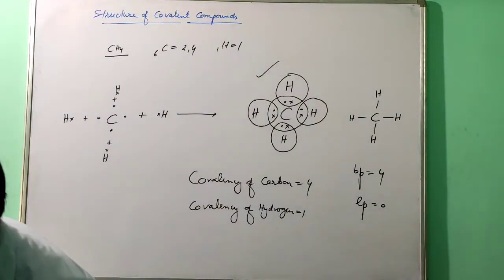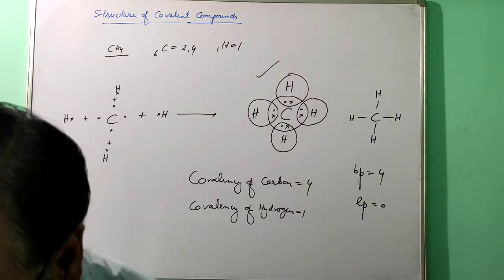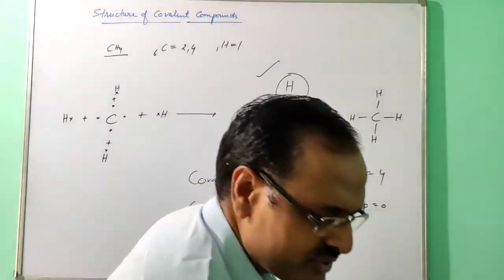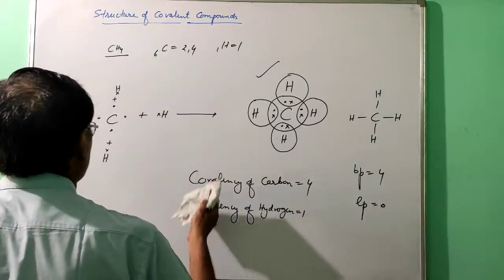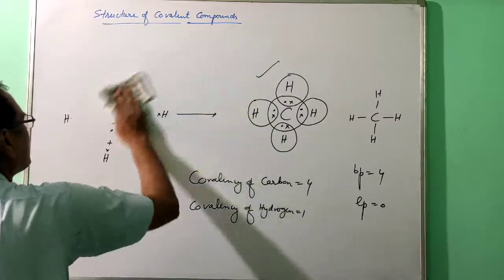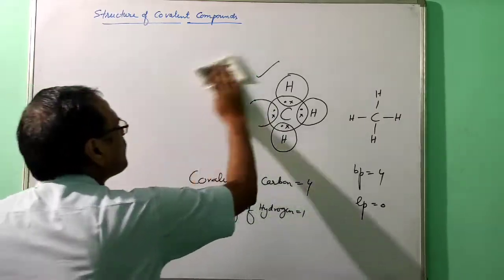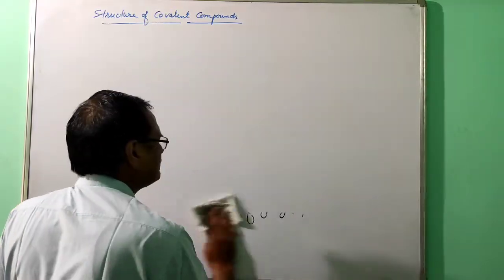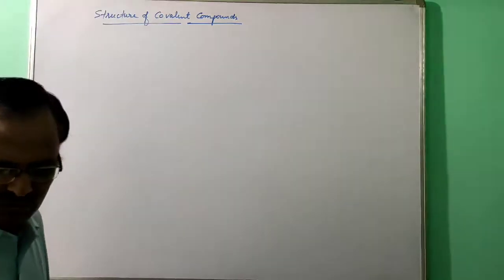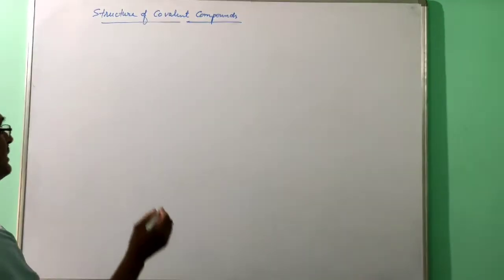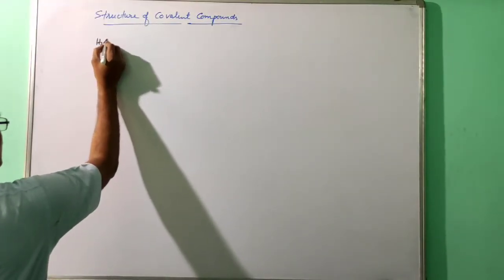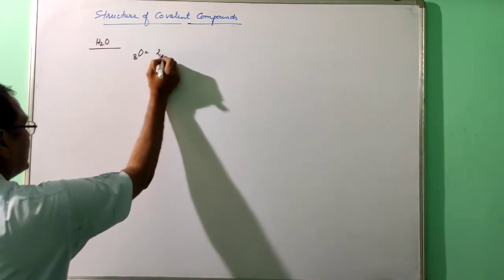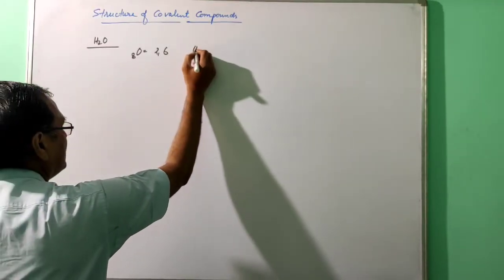Now the next structures are the polar covalent compounds. So water and ammonia we have to study. First of all, water, H2O. In H2O, oxygen is there with electronic configuration 2, 6, and hydrogen 1.